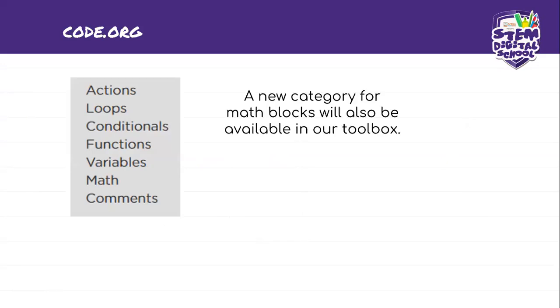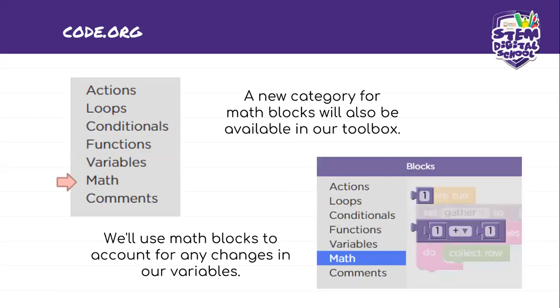And then there's our new category for our math blocks that will also be available in our toolbox. There we go. And those are our math blocks. Okay, remember, we are going to start using equations. Why do we want to use equations? We'll use math blocks to account for any changes in our variables.